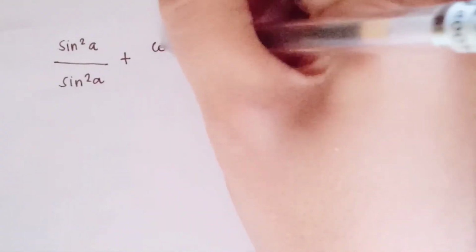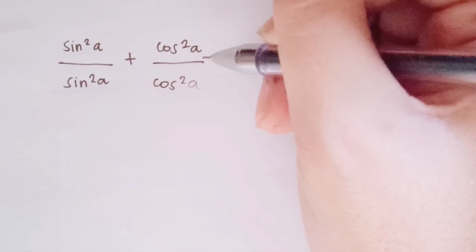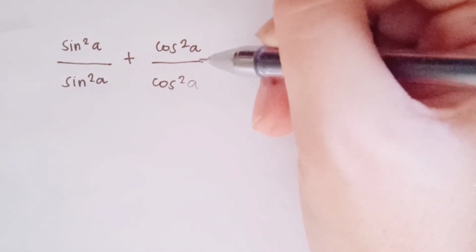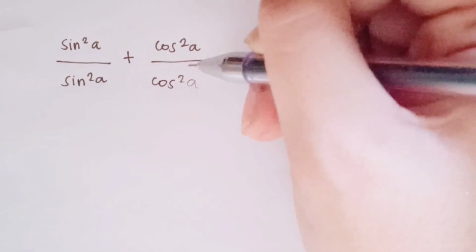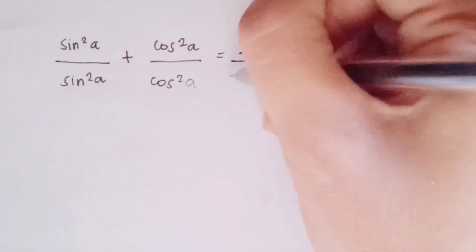When we divide the terms on the left by sine squared alpha, we get sine squared alpha over sine squared alpha plus cosine squared alpha over sine squared alpha, equals on the right side 1 divided by sine squared alpha.